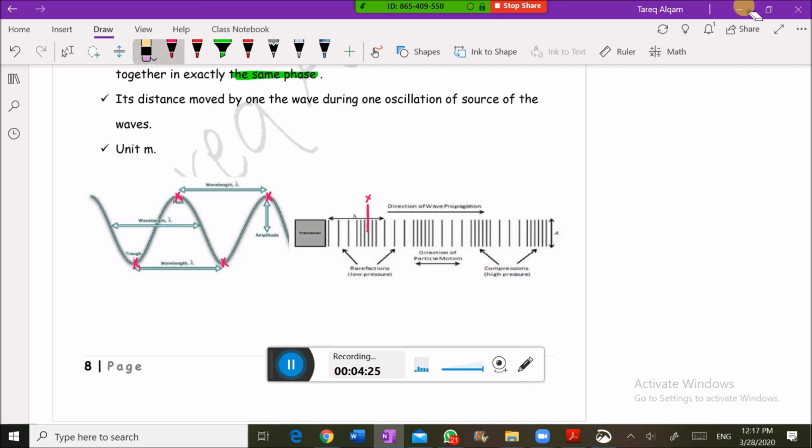This is the best way. Center of compression to center of compression, or center of rarefaction to center of rarefaction. This is the wavelength.